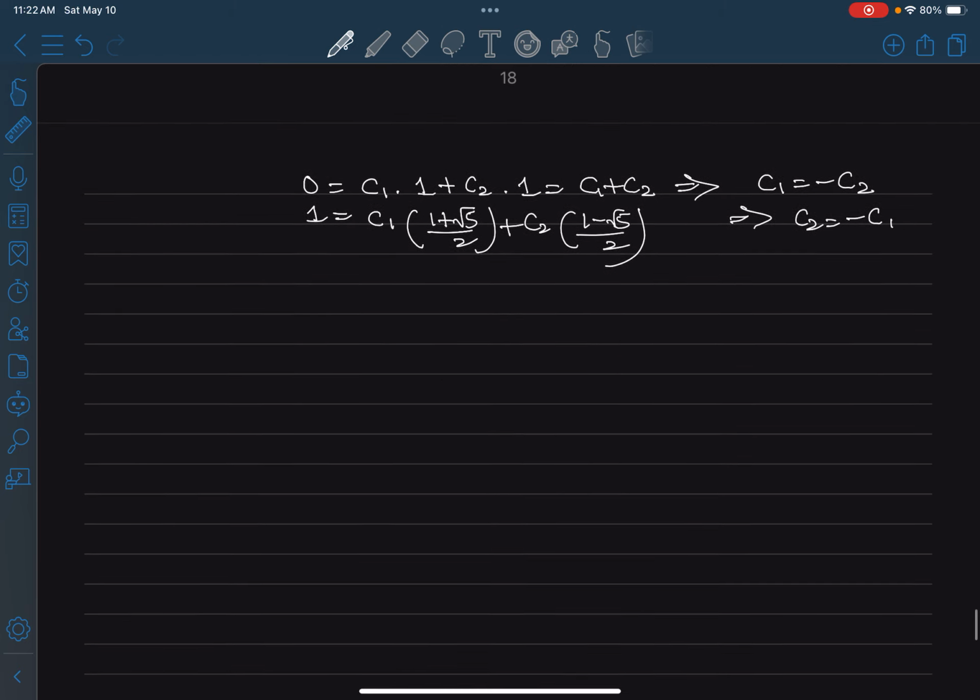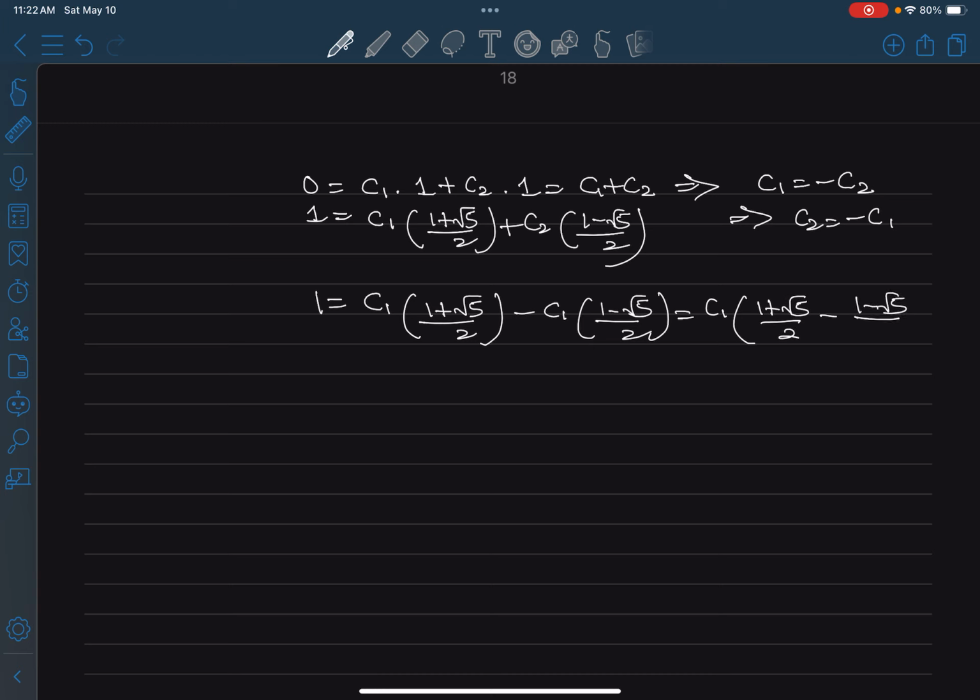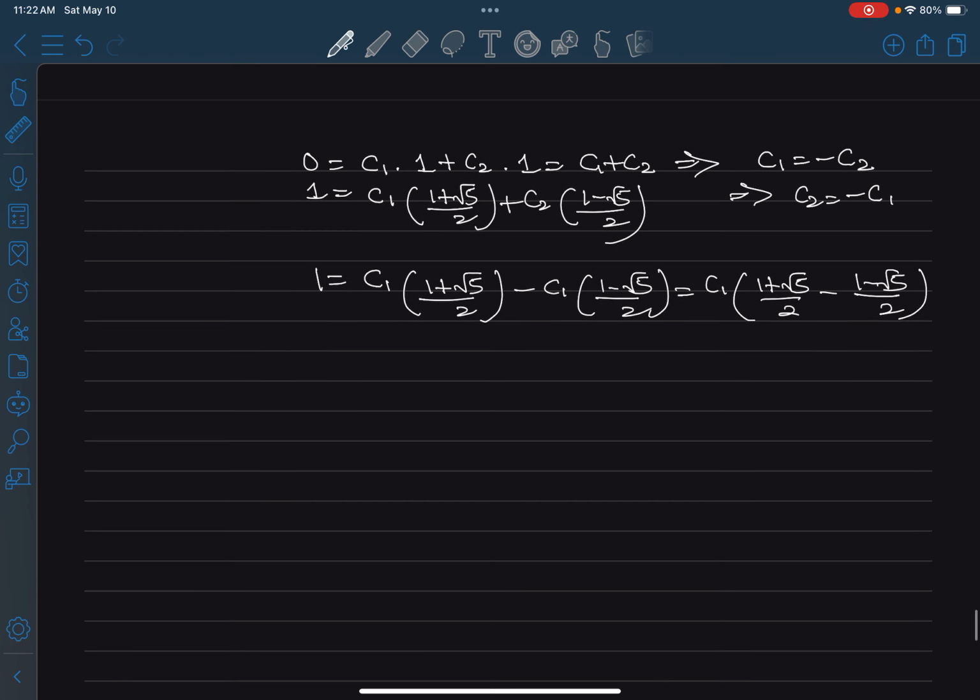So if we use that, we have 1 equals C1 times (1 plus root 5) by 2, and then C2 is negative C1, times (1 minus root 5) by 2, which gives us C1 times ((1 plus root 5) by 2 minus (1 minus root 5) by 2). So that gives us C1 times, this is just root 5, right?